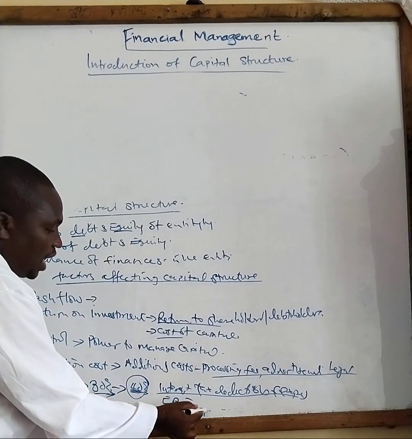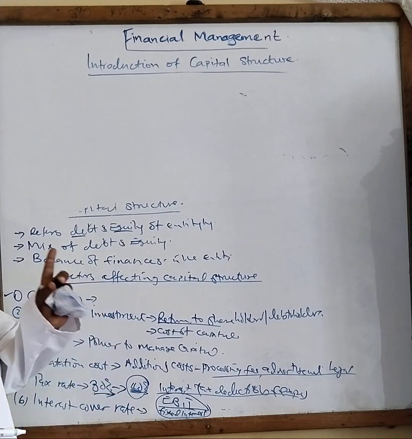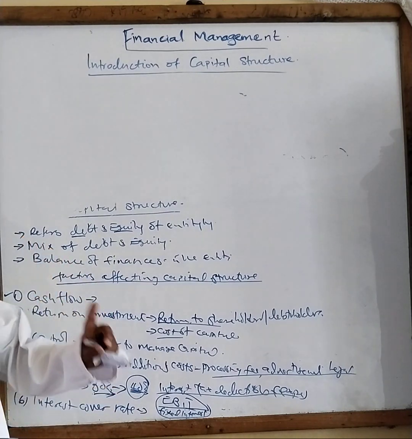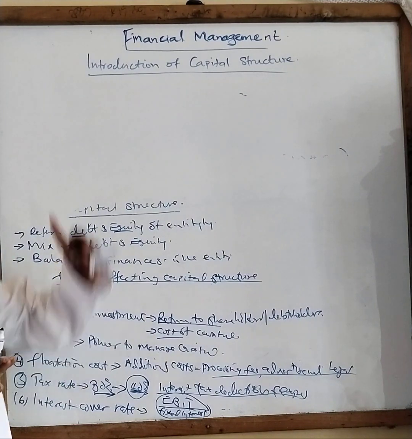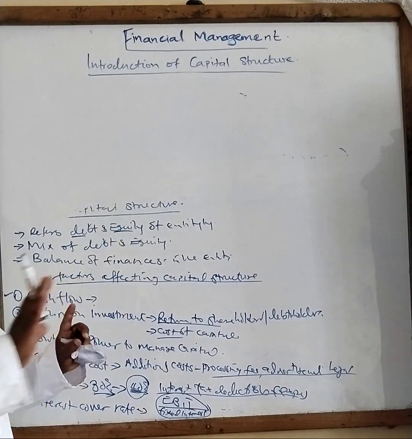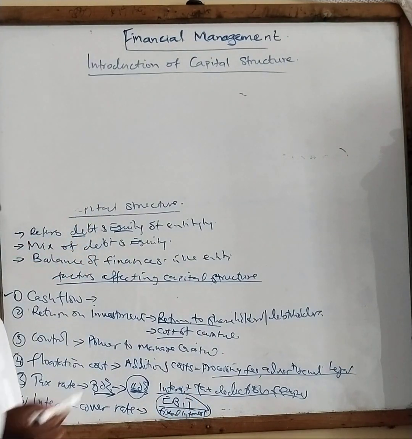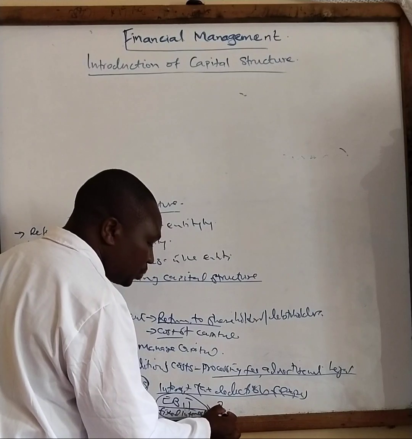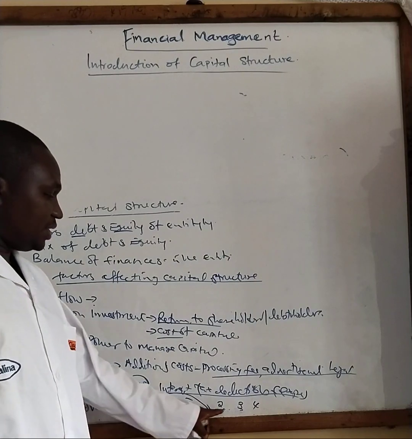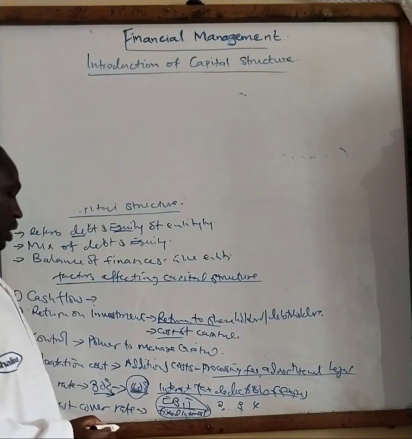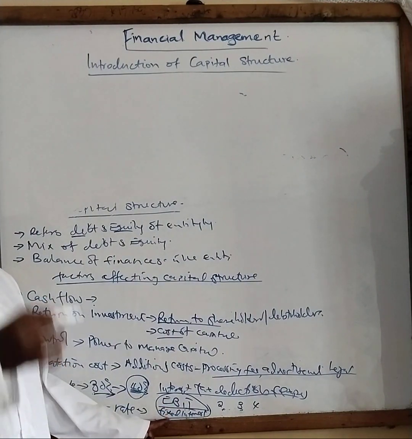If the number of times is higher, then the organization is in the right position and its liquidity is okay. Even if it applies for a loan, it is able to repay that loan. But if this ratio is less, for example in year 1 we have 2, year 2 we have 3, and year 4 we have 4, and it keeps increasing like this, it means the earnings before interest are able to pay the fixed interest every period.